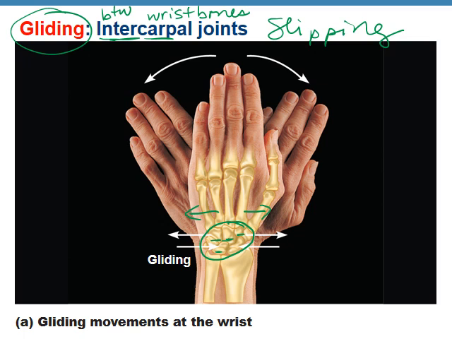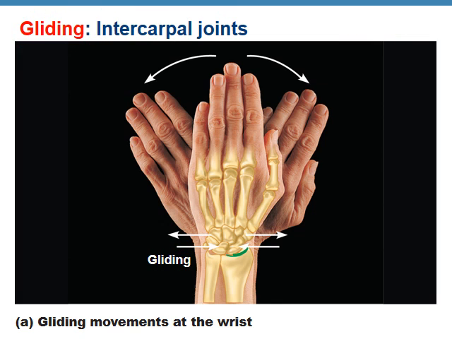This is also a good example, though, to explain that there are several joint movements. So I don't want you to think that the hand only does gliding. We're talking about just the wrist right here. If we're talking about where the ulna and the radius meet the carpals, this is a different story, right? This is my radius, and this is my ulna.